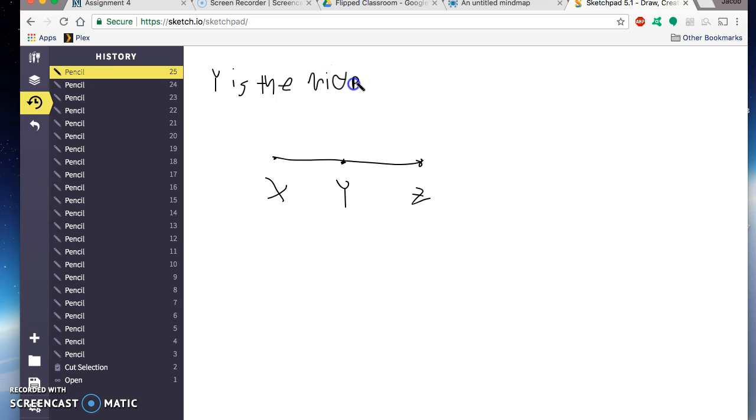Sorry, it's kind of hard to write for some reason. So Y is the midpoint. Let's say I tell you that this right here, from X to Y, is 14, and from Y to Z, I tell you that it's 3x plus 5.